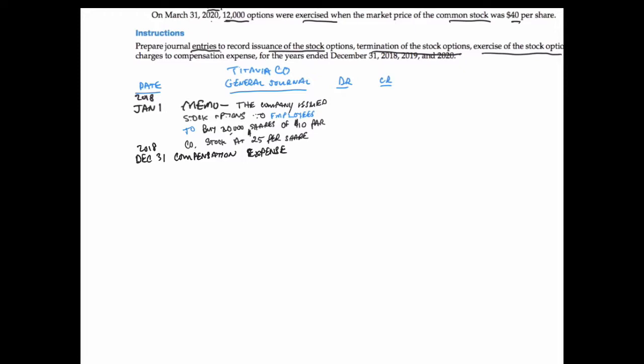That's going to be one half of the 350,000, or 175,000. And we're going to credit paid-in capital, stock options, 175,000. You say, well, they didn't pay anything in. Well, they gave sweat equity.